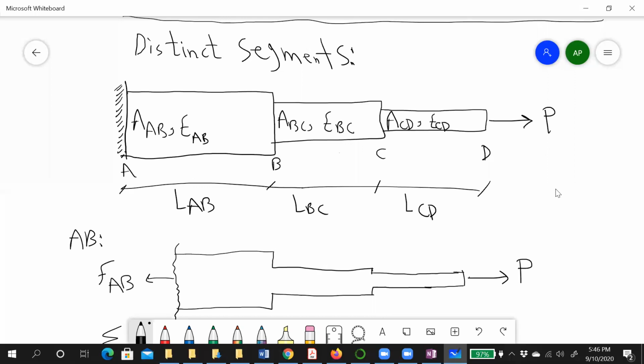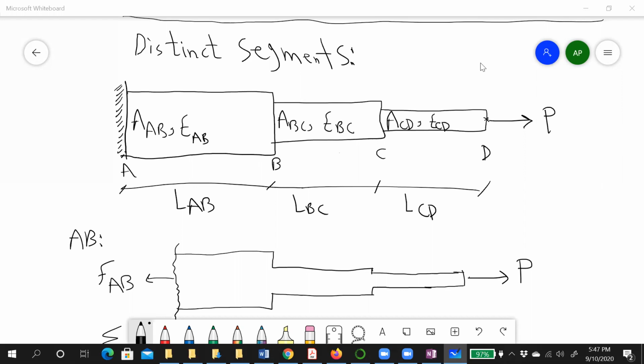We find the elongation of B with respect to A, we find the elongation of C with respect to B, we find the elongation of D with respect to C. And now for this point D, at the end of this structure, how can we find the total elongation at this point? Read the sum of them. Sum of them, right, thank you.